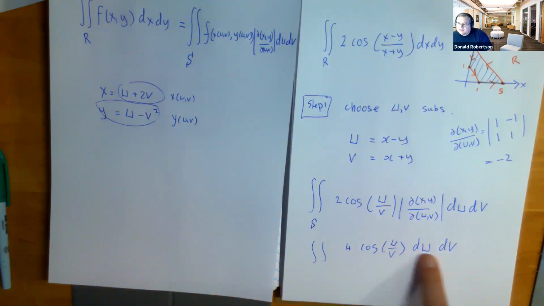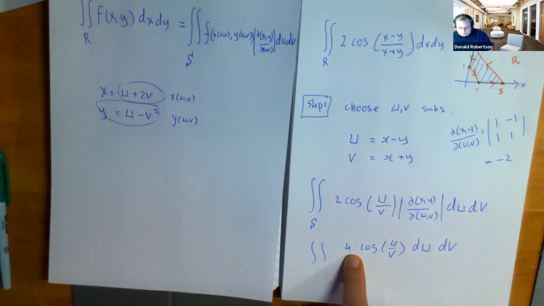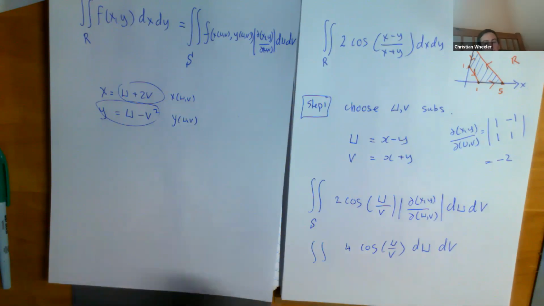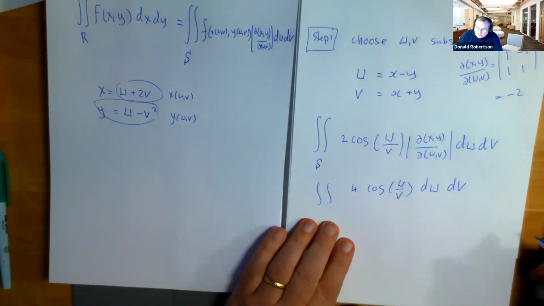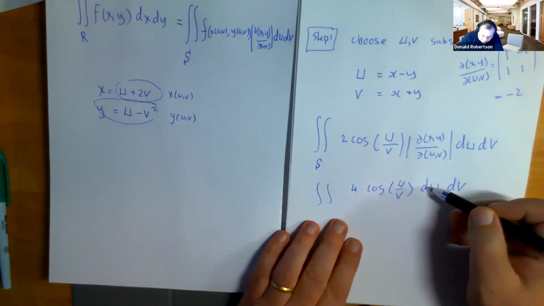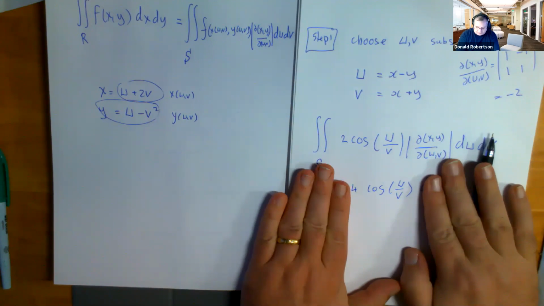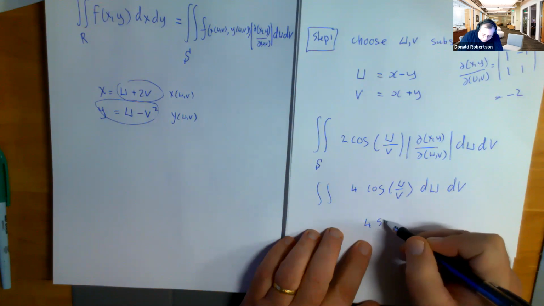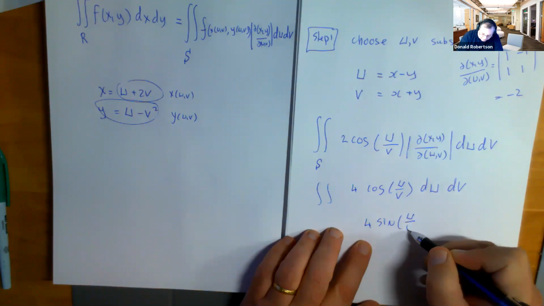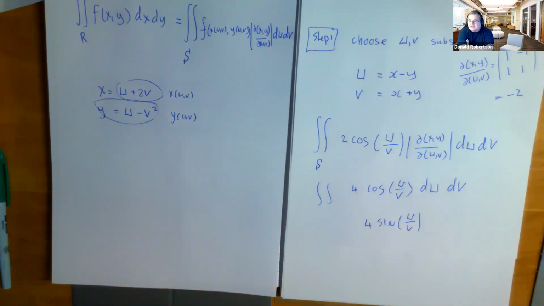I can integrate this. You want me to do it? Right, for the short time we've got left. If you integrate that ugly cosine with respect to u, you will get 4 sine u over v. Will you get anything else?